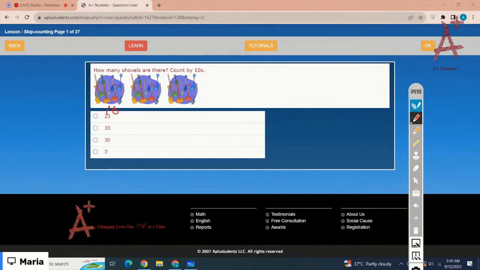The next one is 10 plus 10, 20 it is. And the third one is 20 plus 10, 30 it is. That means the total shovels are 30. The correct option is 30.